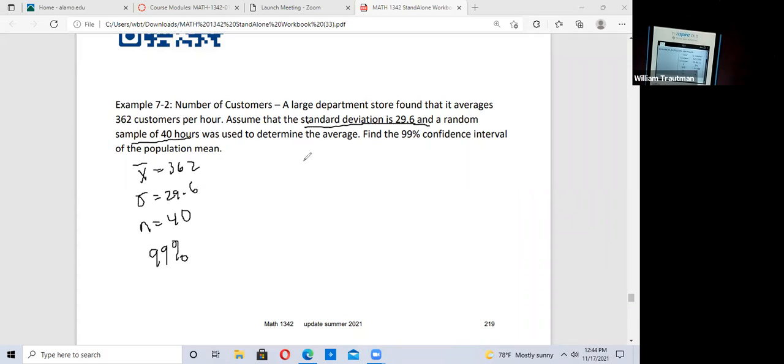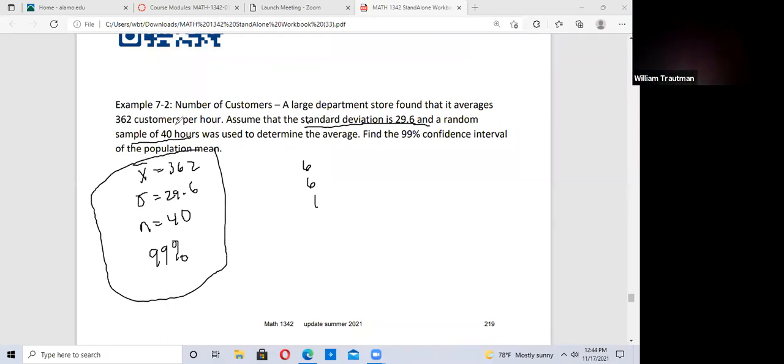So once again, we're going to go to 661 and type in this data. 6, 6, 1. It says Z interval. Make sure you don't have data. It should say stats.